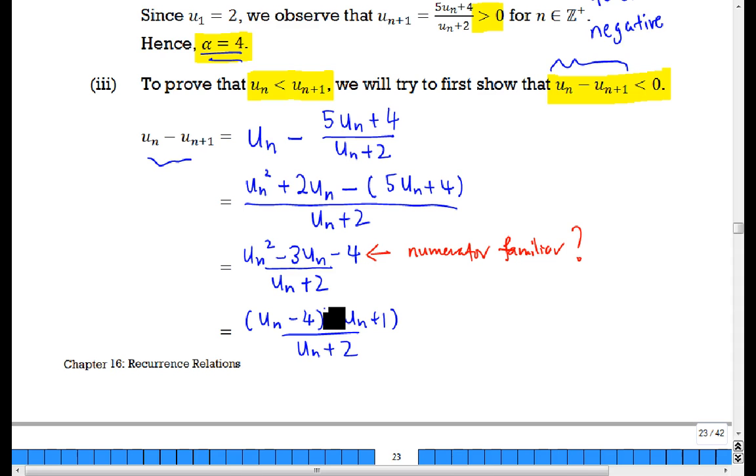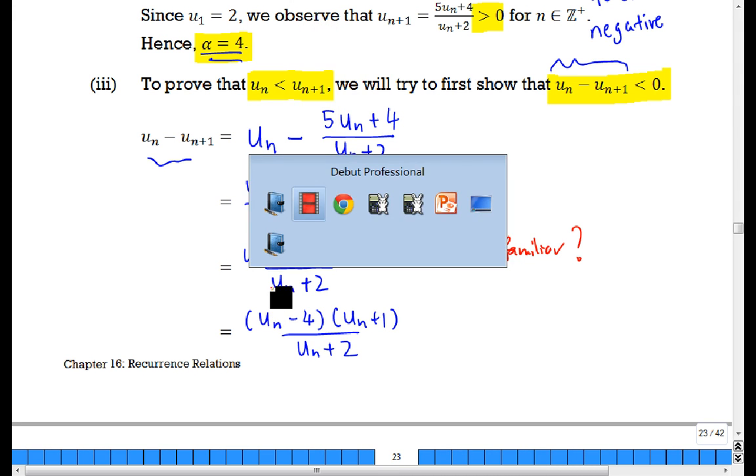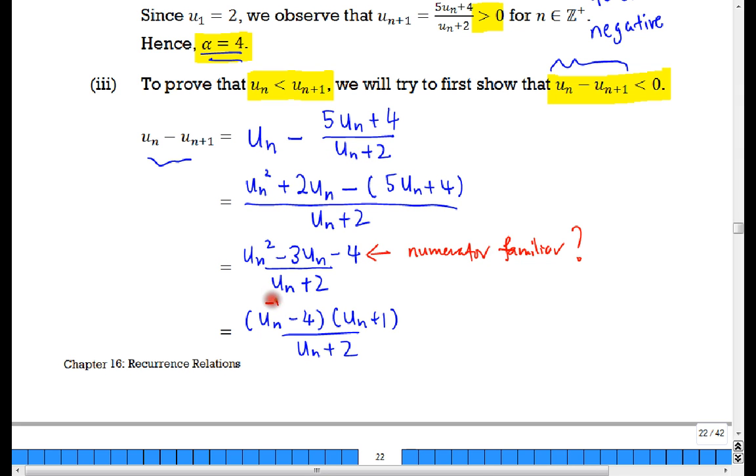Yes, because you are given that un is smaller than 4, therefore un minus 4 is negative. So I'm just going to write here negative. Later, I will show you how to present. But for discussion's sake, let's do it like that first. What about un plus 1?